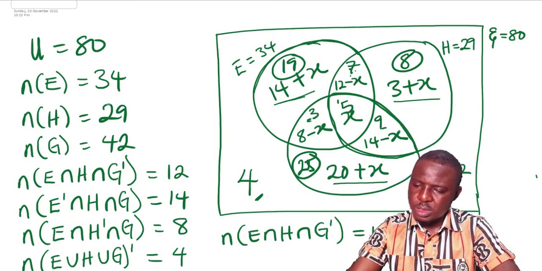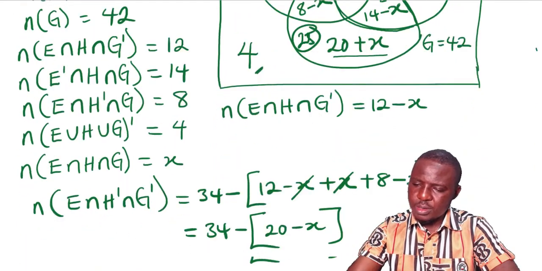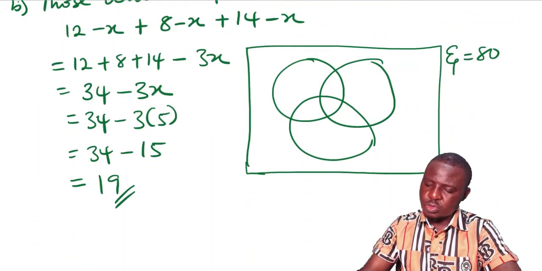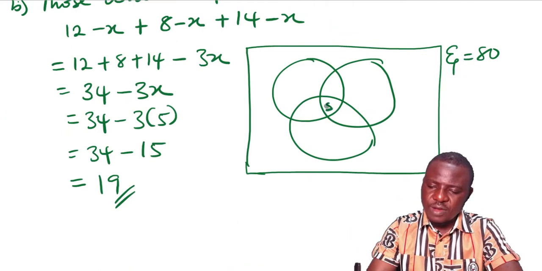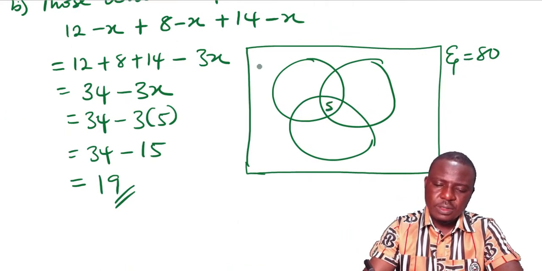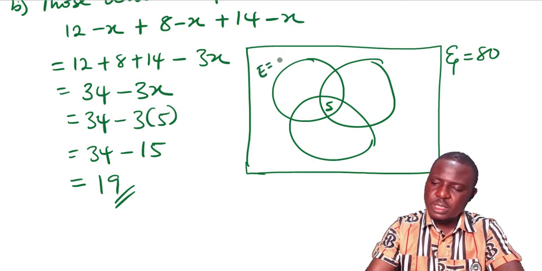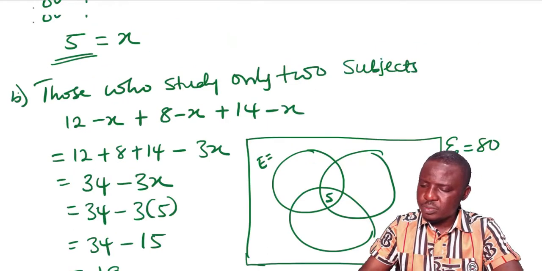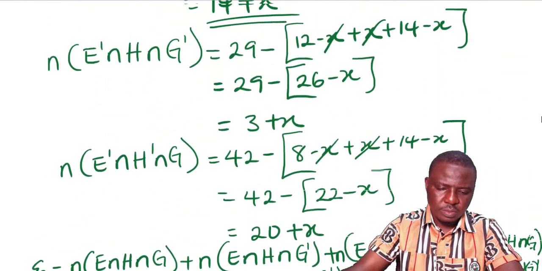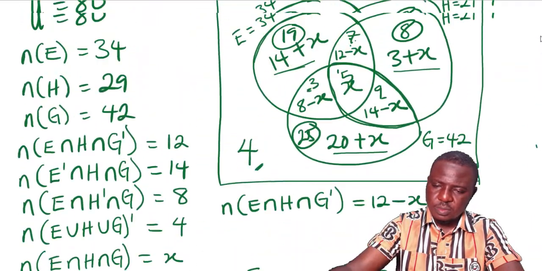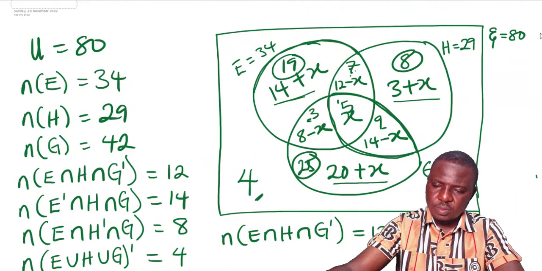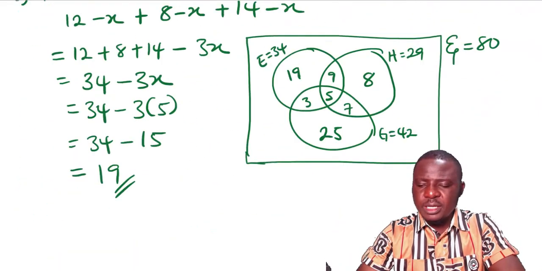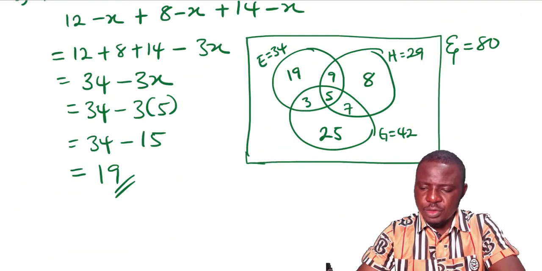Let me put these values back into the set. If this is 5, we said English, there were how many? So having substituted the values for x in each of the regions, we now have this.